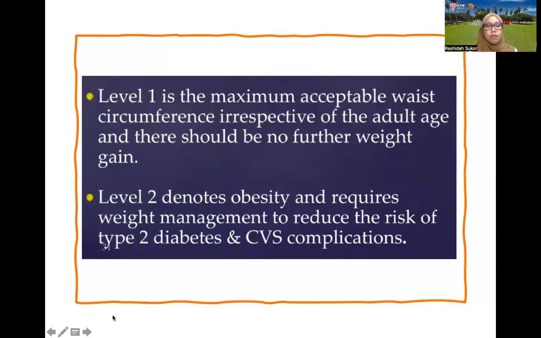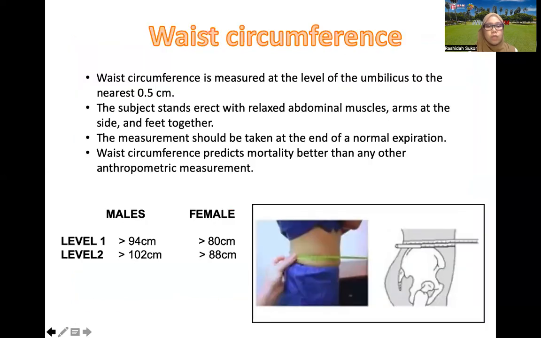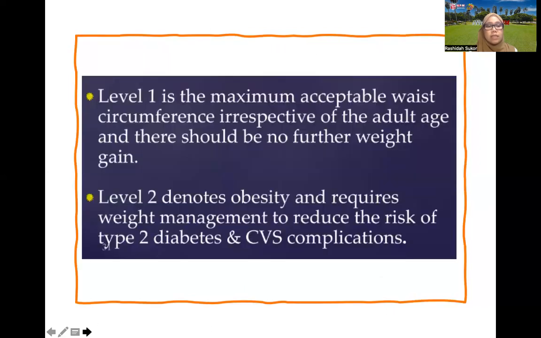Level 2, if you have anything above 88 cm, means that you are already considered obese and require weight management to reduce the risk of type 2 diabetes and cardiovascular complications.